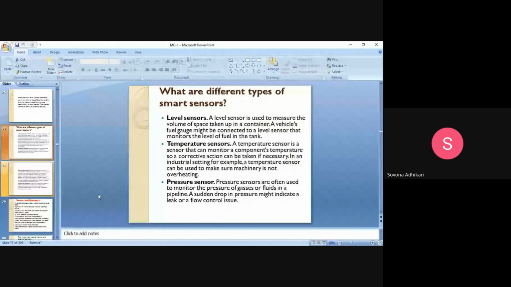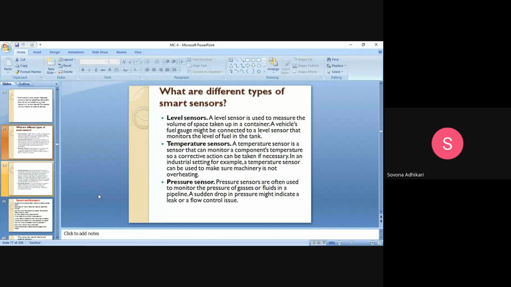Temperature sensor. A temperature sensor is a sensor that can monitor a component's temperature so that corrective action can be taken if necessary. In an industrial setting, for example, a temperature sensor can be used to make sure machinery is not overheating.